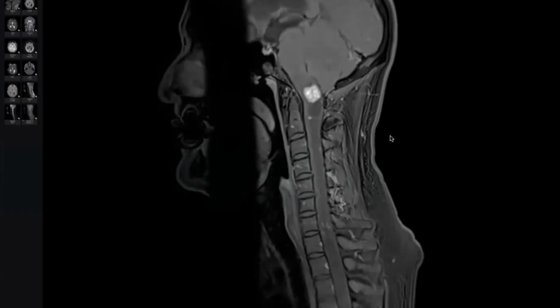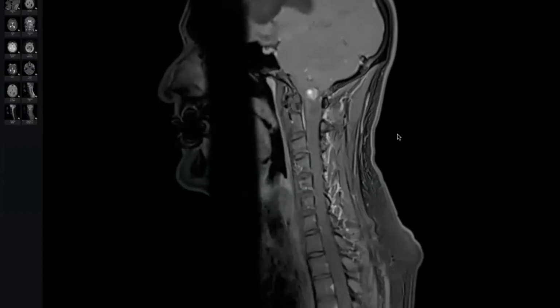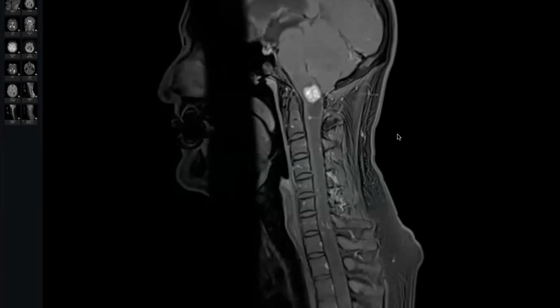So my differential is intramedullary lesions with significant cord edema and a cystic component. So these can be hemangioblastomas as well.